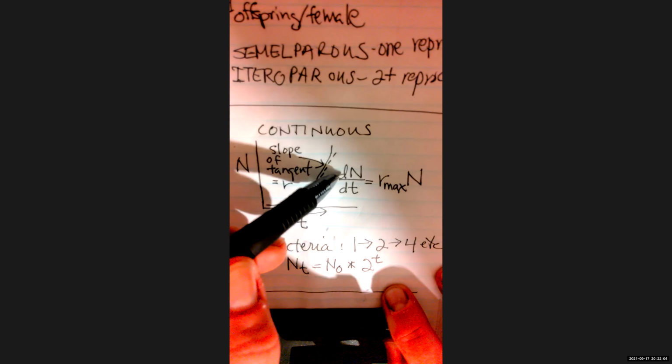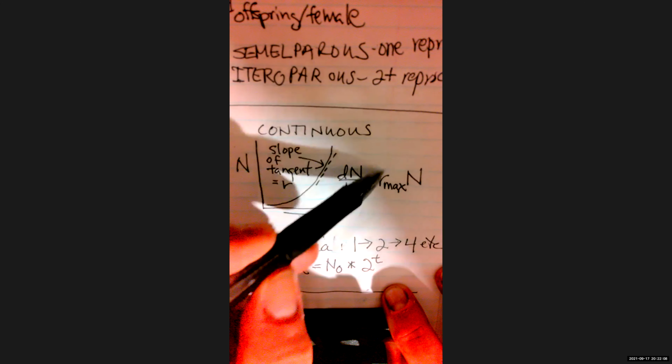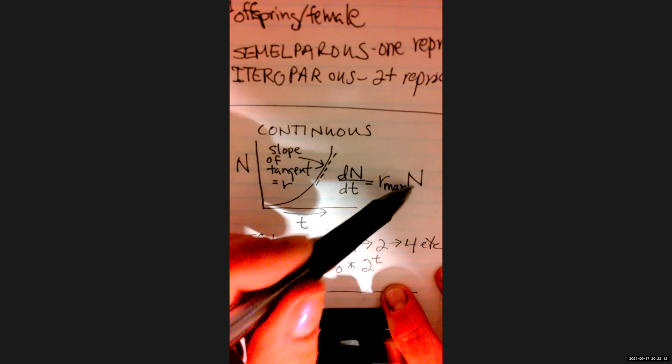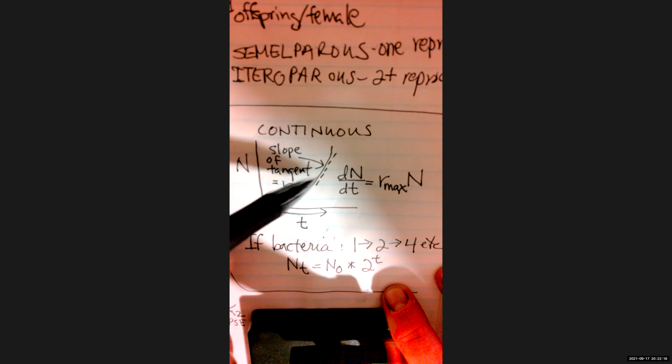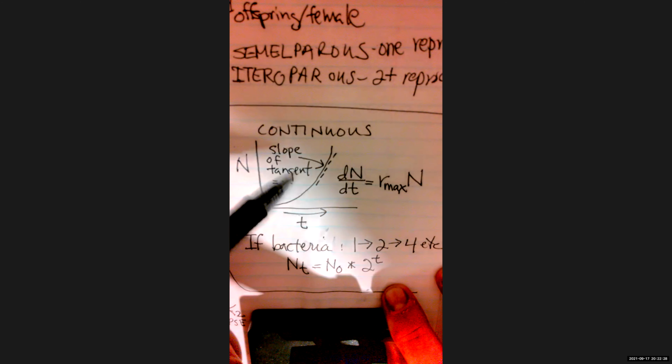We don't have a delta, now we have a dN/dt like you use for calculus, and we're going to have this value little r or r max. We're going to multiply it times N, and what r represents in this case is the slope of the tangent at a point on the graph. So it's the instantaneous rate of increase, right? Which, if you have had calculus, is the first derivative.